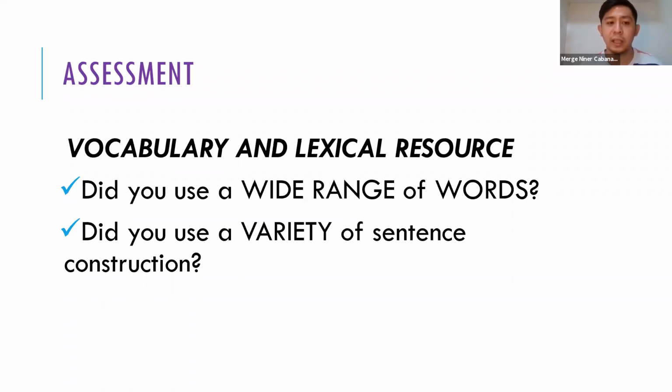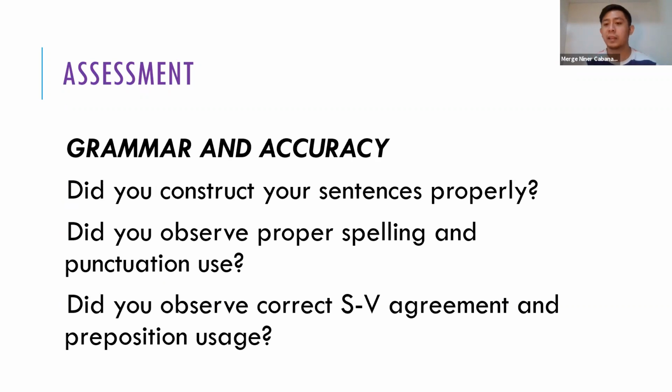Now, the last part is the most common error that many of my students, even in the past and until today, have committed and probably will still commit. So, construction of sentences. In terms of constructing sentences, we have various sentence types. We have the simple, compound, and complex sentences.